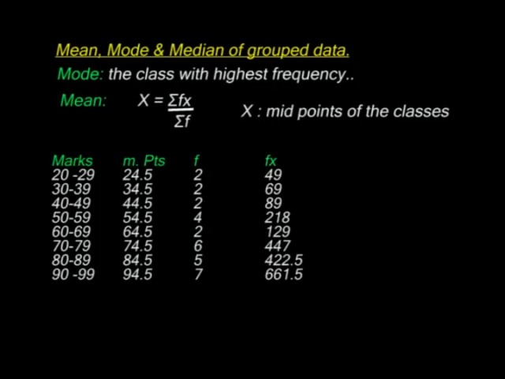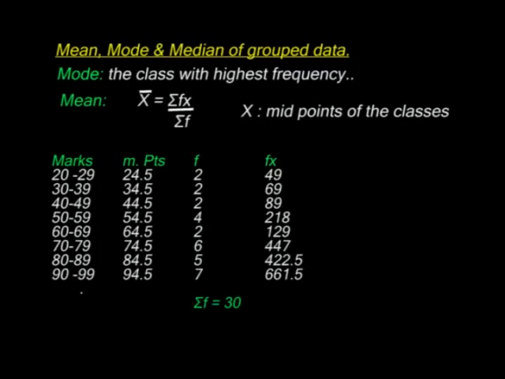So we have from 24.5, 34.5, all the way up to 94.5. The number of students with those marks, we have them as the frequency f. We have 2, 2, 2, all the way to 7. And the summation of frequency is 30.